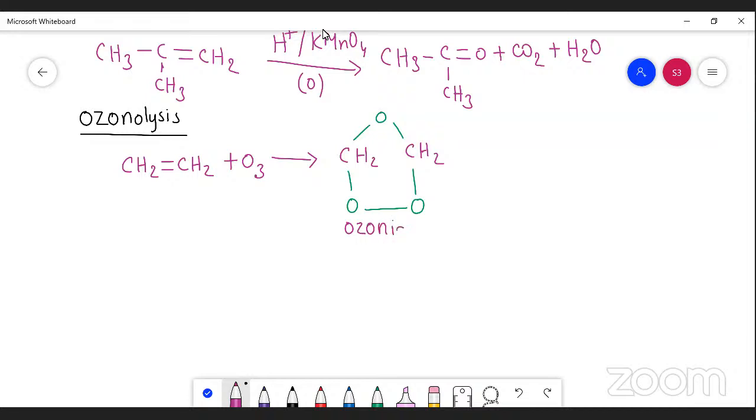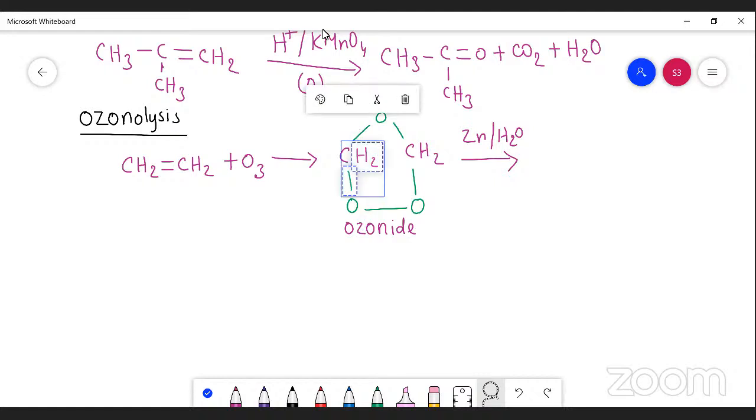Further, it is reacted with zinc and water. Then what will happen? There is a cleavage, and the cleavage occurs like this, giving CH2O and CH2O.